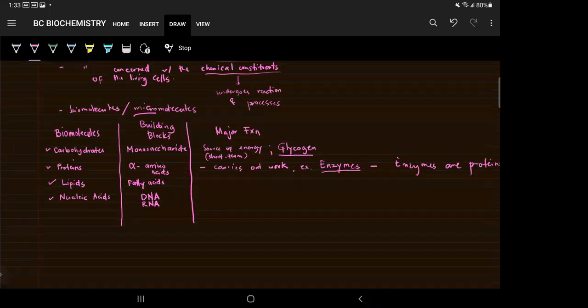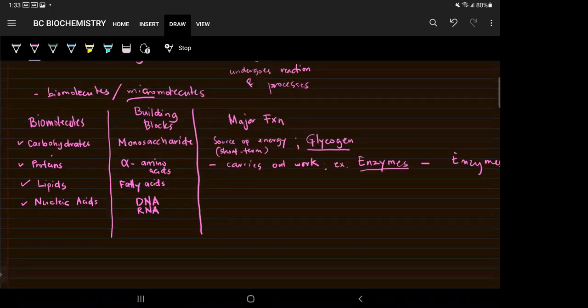Lipids naman. Our lipids have numerous functions, especially in the cell. It is a very important component of the membrane, as we all know. No? Our semi-permeable membrane. At kung bakit natin siyang tinatawag na semi-permeable membrane? Because of its components.